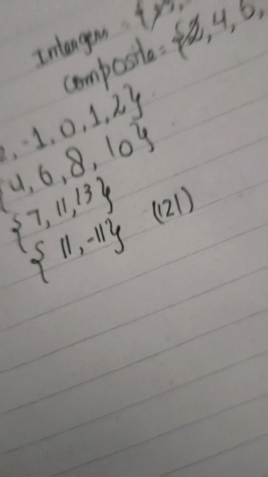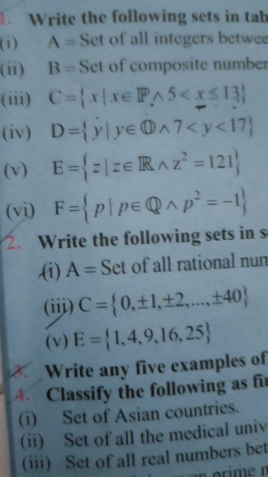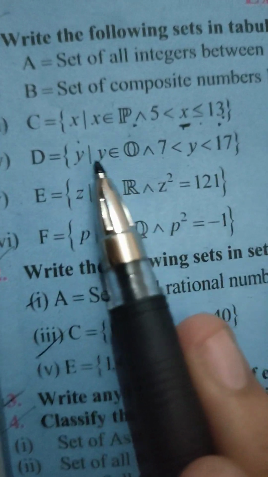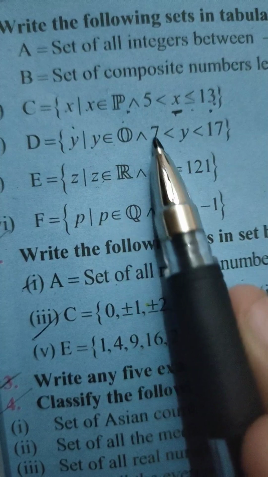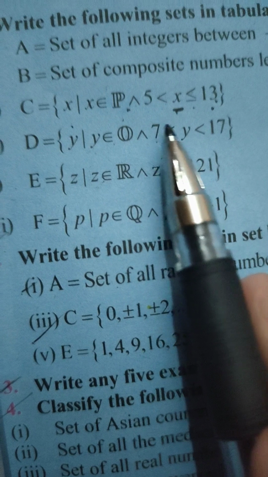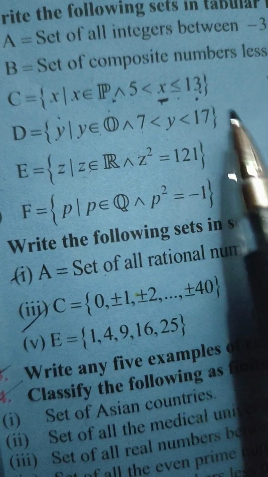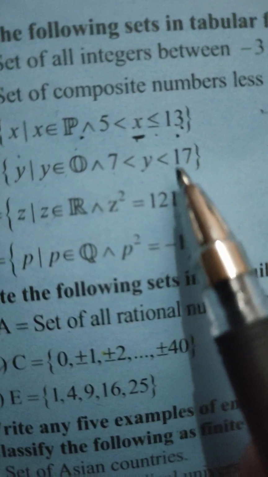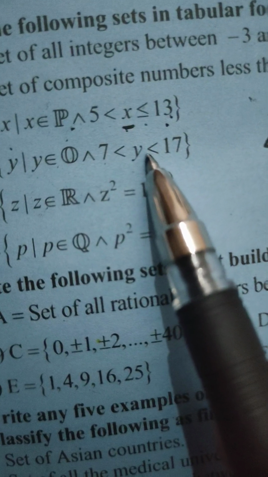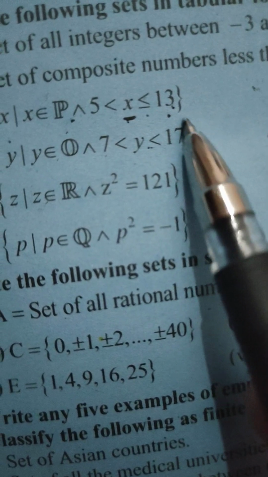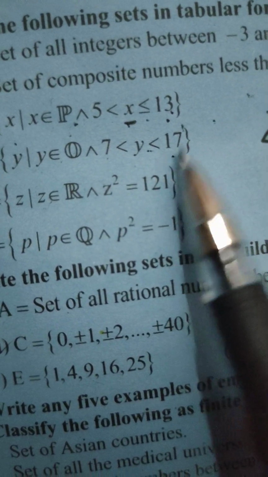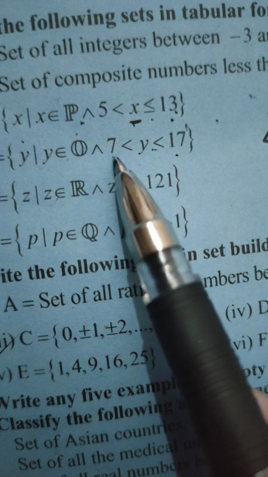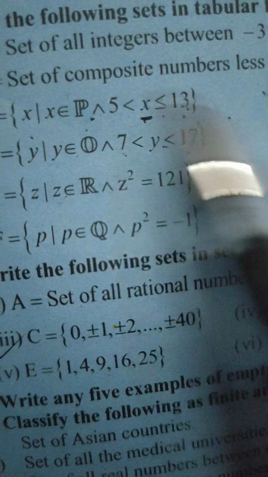Now moving toward the question we left. Y belongs to the odd numbers that are greater than 7, and we have to write up to 17. Here, as I told you, greater than or equal to is not written, so we do not have to write 17. We only have to write numbers greater than 7 and less than 17.